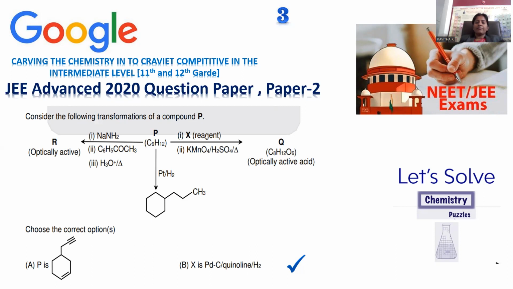X is here the reducing agent that will be added, so from this data it is clear that whatever C9H12 you are taking, obviously it will be unsaturated, because in order to get a saturated compound, what will be the formula? C9, CnH2n plus 2 will be there for saturated compounds.